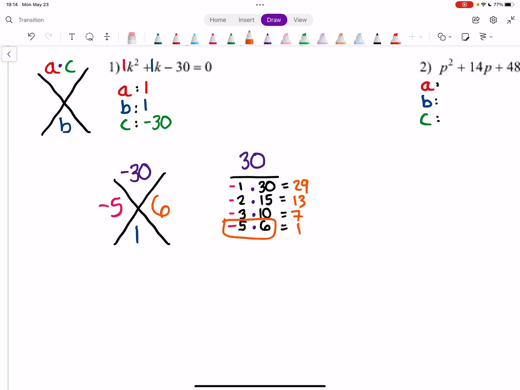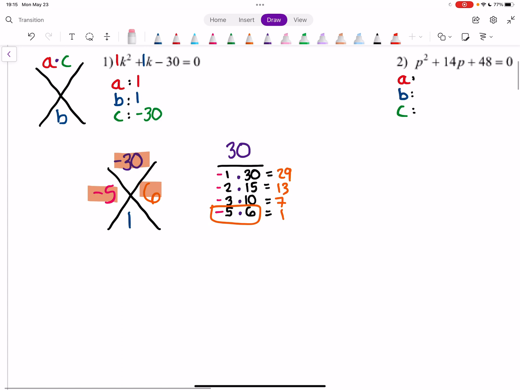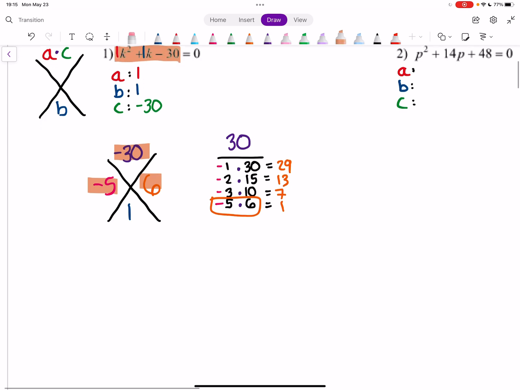Now, I just want to do a quick check. Is it true that negative 5 times 6 equals a negative 30? Yep, that checks out. Is it true that a negative 5 plus 6 equals a positive 1? Yep, that checks out. So I have the correct factor pair. Now I'm going to take that negative 5 and 6 along with the variable in my original problem, which is k, and use those to rewrite this part of my equation in factored form.